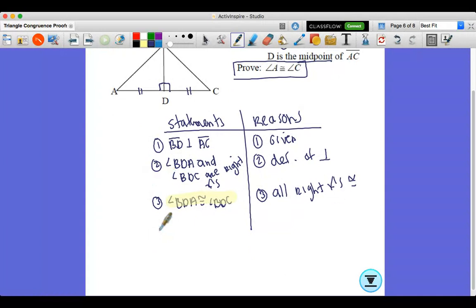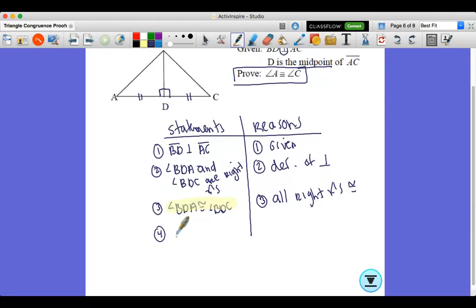Let's go with the other given now. What was my other given? D is the midpoint of AC. Given. What did we know from that? What could we conclude? If D is the midpoint, it's the middle, it's halfway between A and C, we were able to mark off AC, oh no, AD is congruent to CD because we know what a midpoint is.